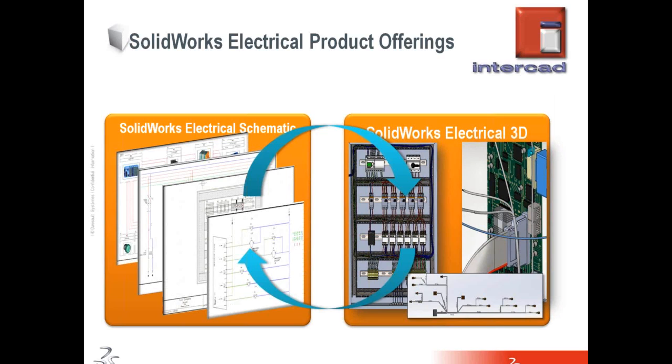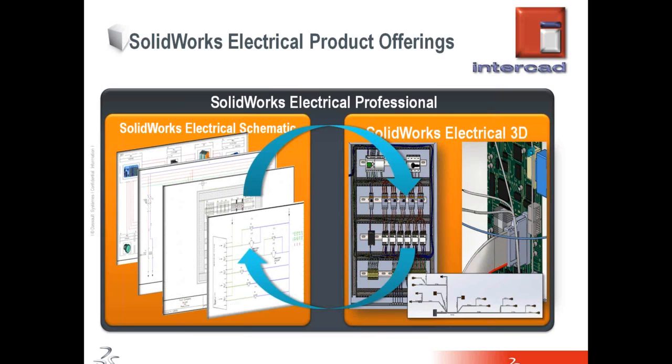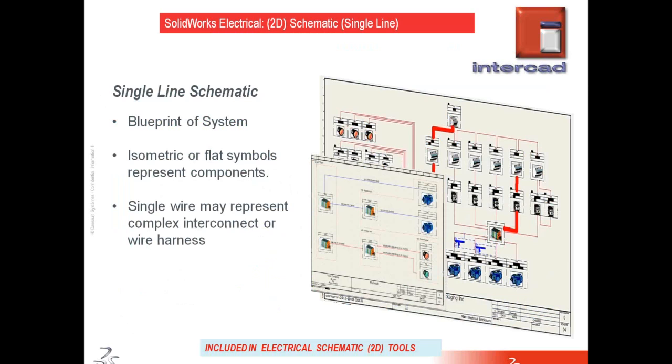You do not require anything to run SolidWorks Electrical 2D, not even SolidWorks, but to run SolidWorks Electrical 3D, you require SolidWorks Electrical 2D and SolidWorks because it runs inside SolidWorks. And there is a professional package. You can buy both as one license.